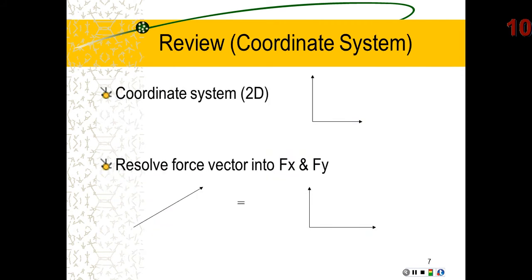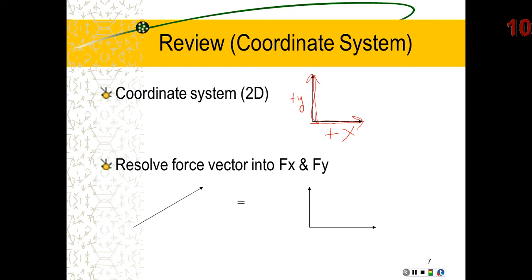Since we have a direction, we need to review our coordinate system. We're going to be sticking with only doing two-dimensional biomechanics. And so our coordinate system is, we have a horizontal, we have a vertical direction. Our horizontal is our plus x direction. So if a force is pulling to the right, it's a plus x. If it's pulling upwards, it's a plus y.